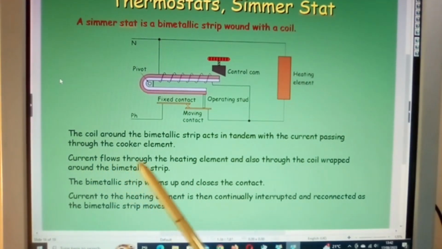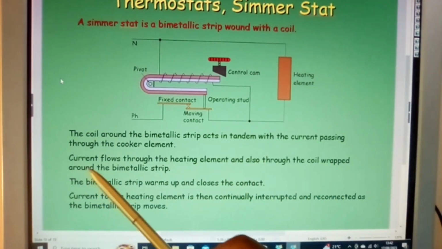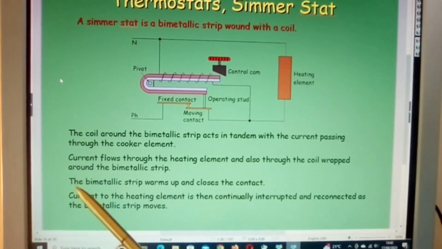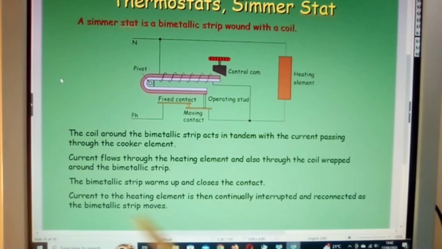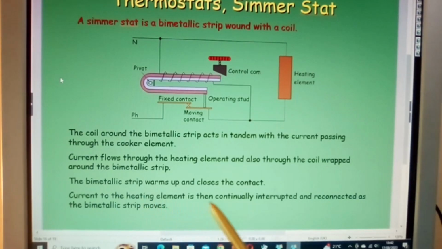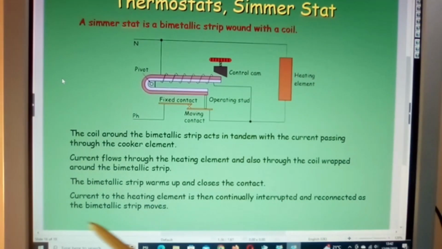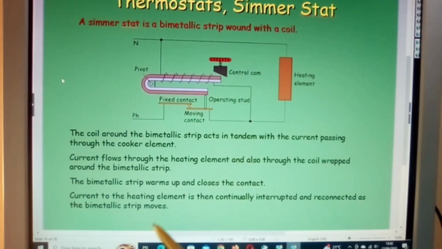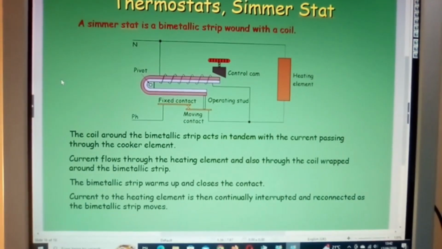Current flows through the heating element and also through the coil wrapped around the bimetallic strip. The bimetallic strip warms up and closes the contact. Current through the heating element is then continually interrupted and reconnected as the bimetallic strip moves and closes, opens and closes, opens and closes. Okay.